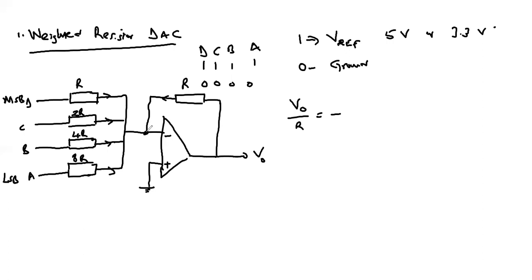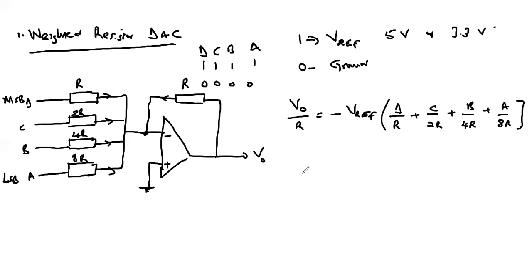The current moving from the feedback direction is V out over R, which will be the negative of the currents, because if you take Kirchhoff's current law at this node, the currents that leave the node is 0, and all the currents are getting into the node. Then we can write this as the reference voltage multiplied by D over R plus the reference voltage multiplied by C over 2R plus the reference voltage multiplied by B over 4R plus A over 8R.